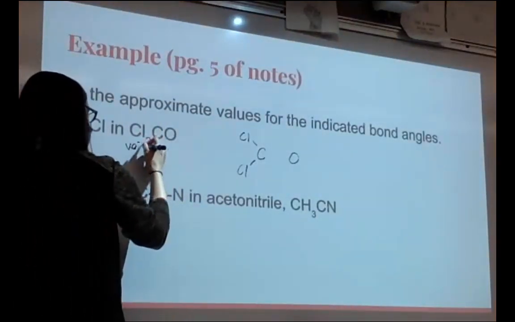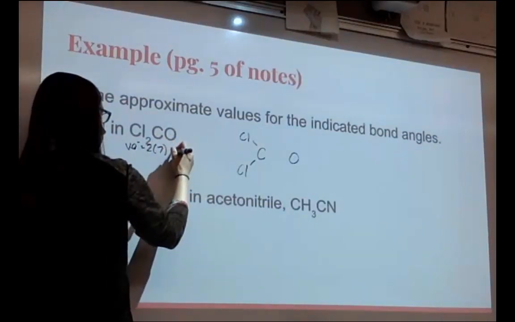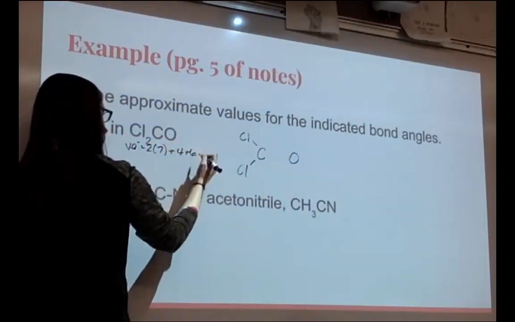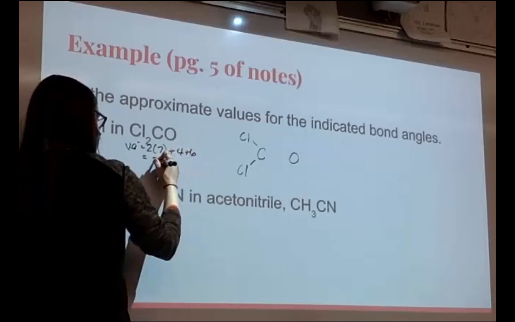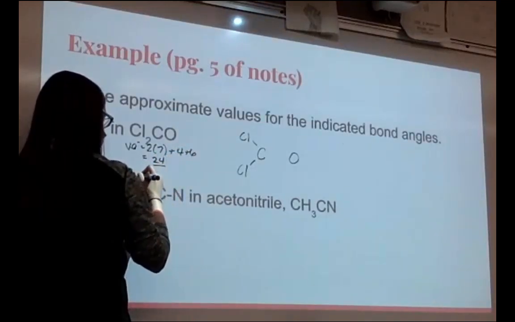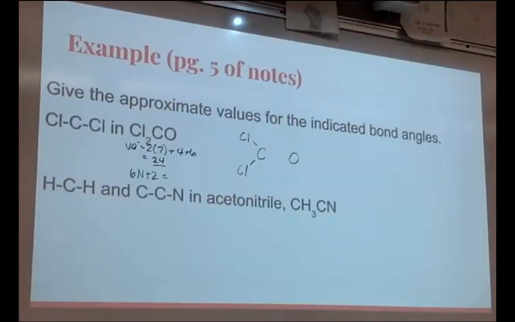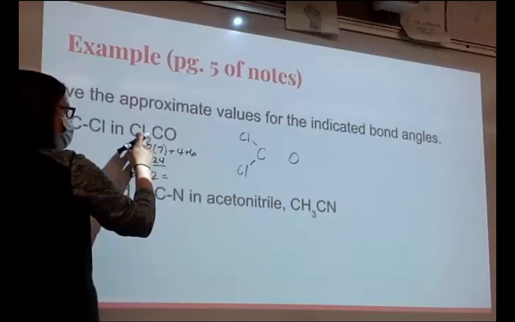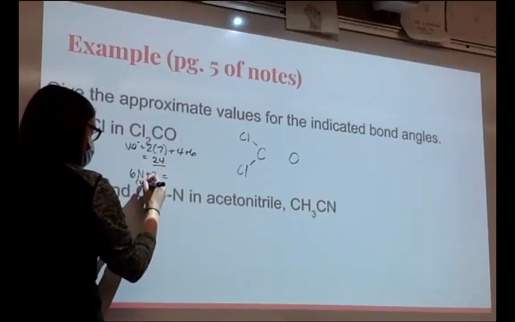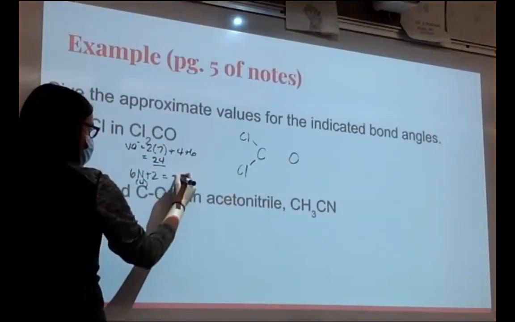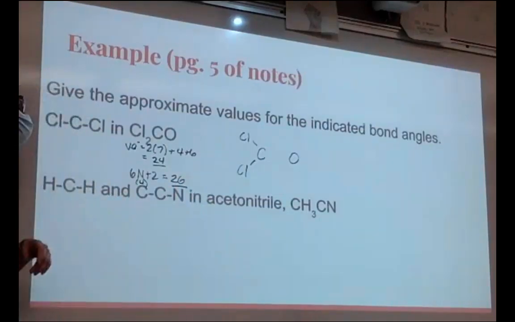I can count valence electrons. Okay, let's do valence really quick. 2 times 7 is 14, plus 4, plus 6. 24 valence electrons. Since there's the potential to multiple bond, we're going to do 6n plus 2. N is the total number of atoms that is not hydrogen. So 1, 2, 3, 4. So 6n plus 2 is 26.